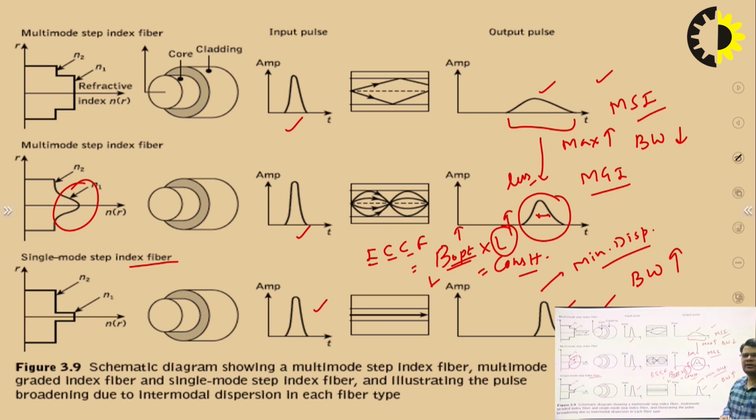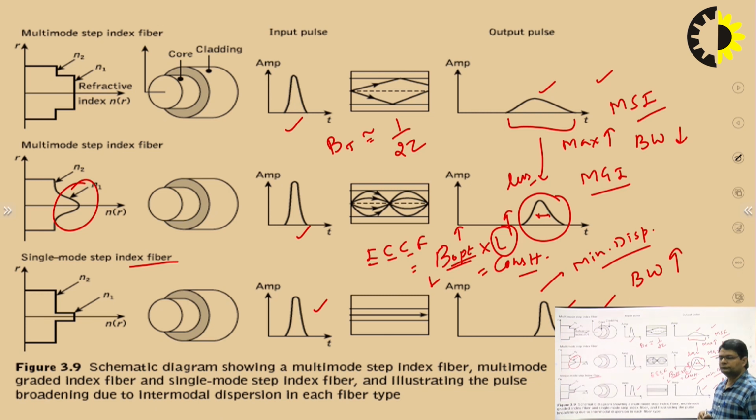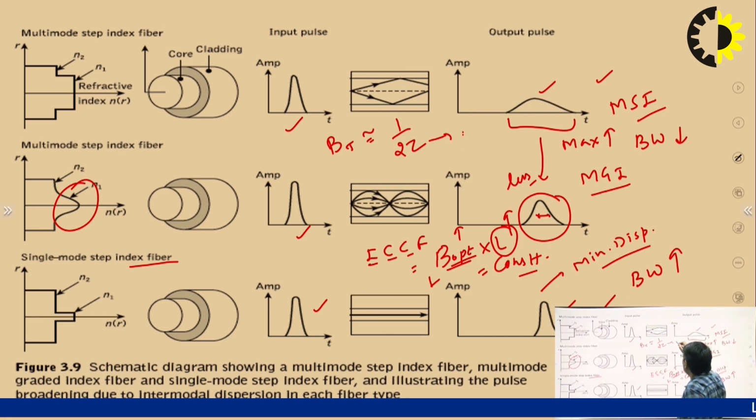Now the bandwidth or bit rate that is available without ISI can be nearly equal to 1 upon 2 tau, where this tau is the pulse broadening or duration.